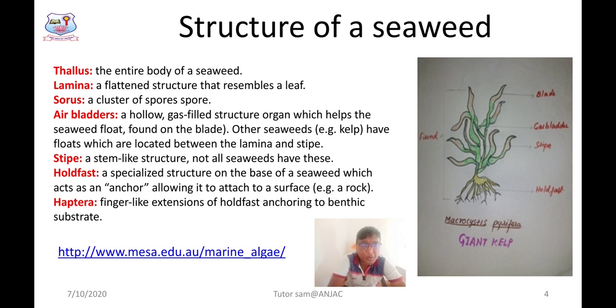As I told you, algae is a photosynthetic organism, so it cannot live in the dark area, which means the pelagic zone, the deep ocean. They live in a place called the photic zone, where sunlight can penetrate into the coastal water, the sea water.